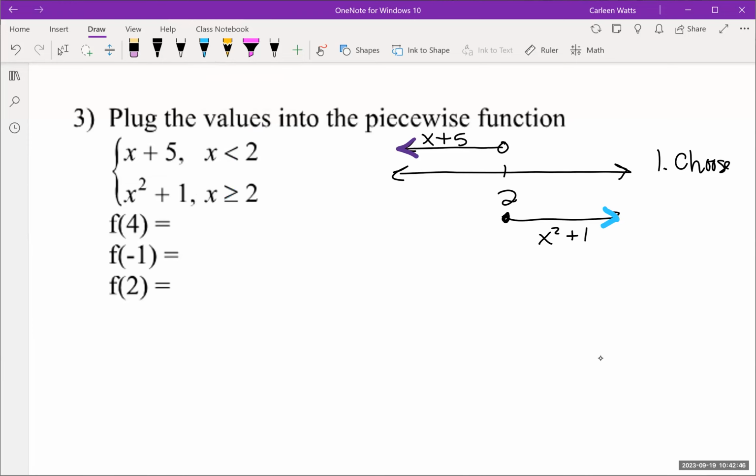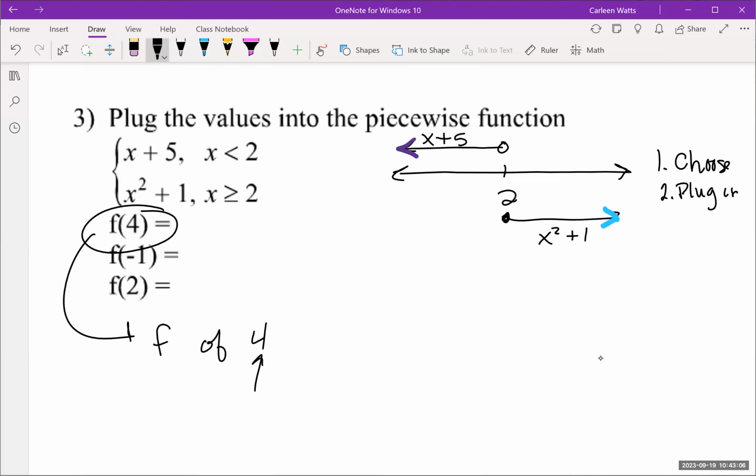So this is f of 4, which means that 4, I'm going to do what with that 4? Plug it in. So we got to choose and we're going to plug in. Choose, plug in. 4 is right here.